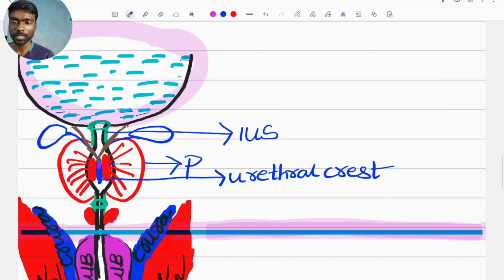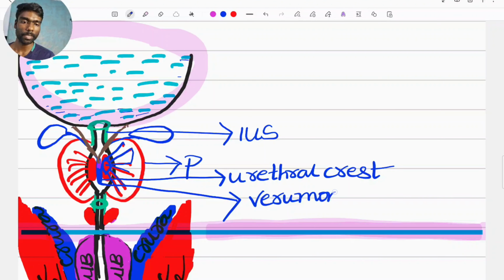You can see all the prostatic ducts are opening into this prostatic sinus. Then on the crest, an elevation, this pink colored one is nothing but the verumontanum or colliculus seminalis.